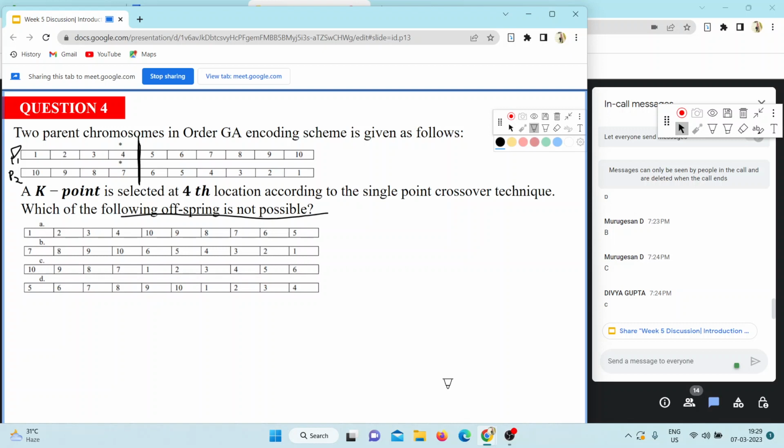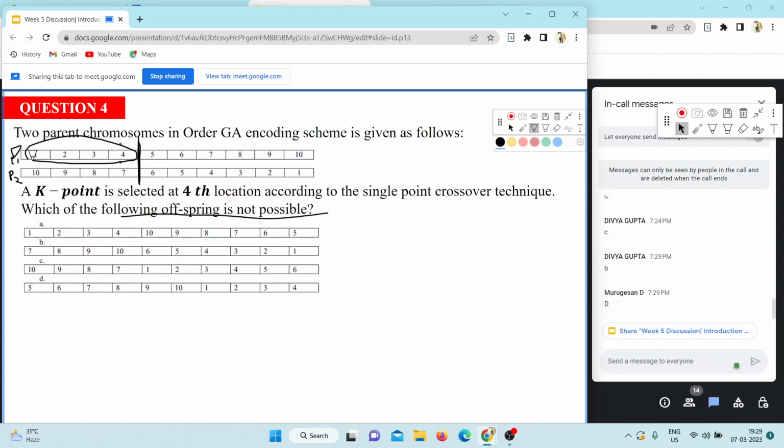Okay, so let me tell you the answer. No guesses for this. So there are two parents, parent one and parent two. We have to do this with the single point crossover scheme for this order GA, and we know what we do in single point crossover. We copy the bits as they are.